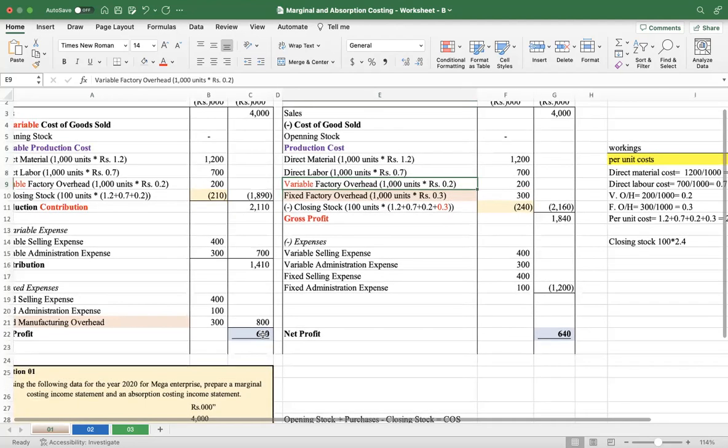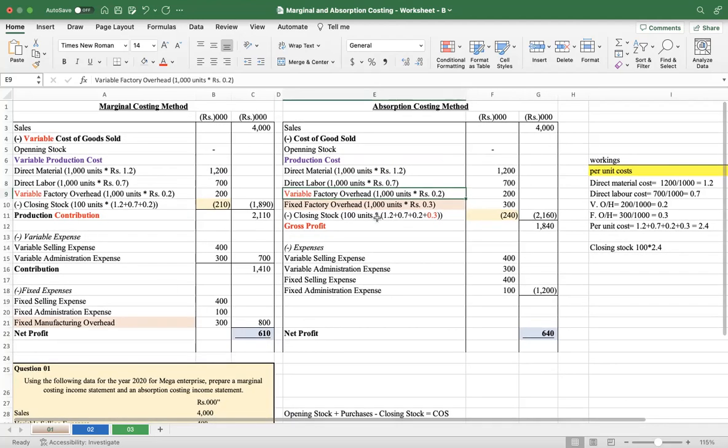Okay, now if you want a few more minutes to copy the answer and check, you can compare the income statements that we prepared using these two methods. You can take a note saying the profit that we obtain using absorption costing method will be higher than the marginal costing method. What is the reason? You can refer to the notes that we did previously as well. Due to the changes that occur in the computation of cost of goods sold. Right? Write this.